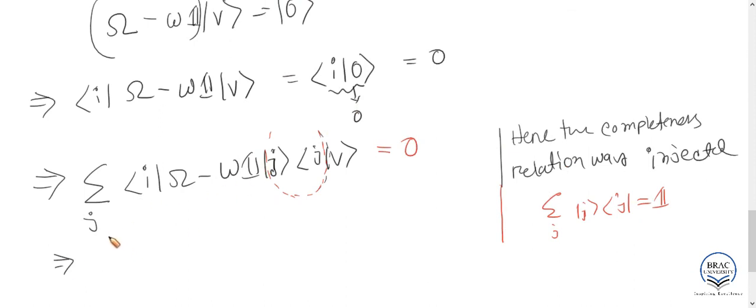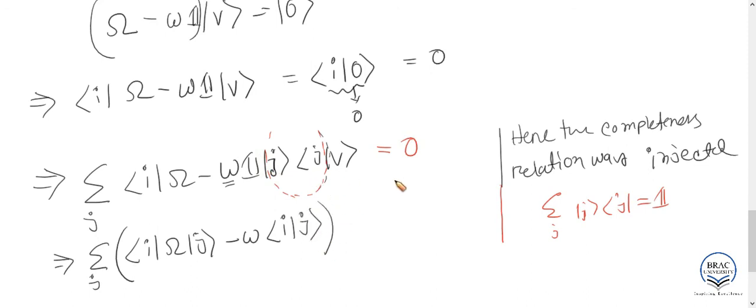And now what you have is that instead of having an equation with a matrix, now you have components. So again, you can use the linearity of bra-ket, and this will be bra I, Omega, ket j. Let me put a bracket over here. There will be one j over here. This omega is a scalar, so bring it out, and this will be bra I, identity, ket j, and identity times j is just j itself.